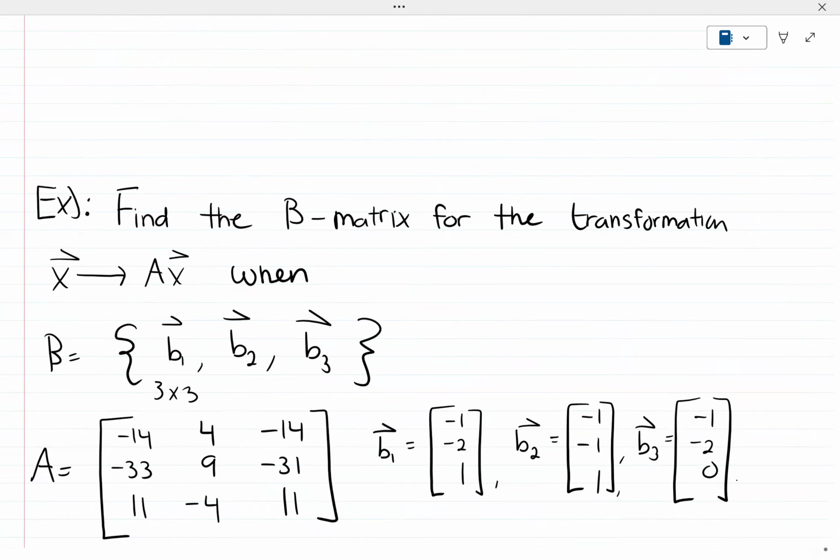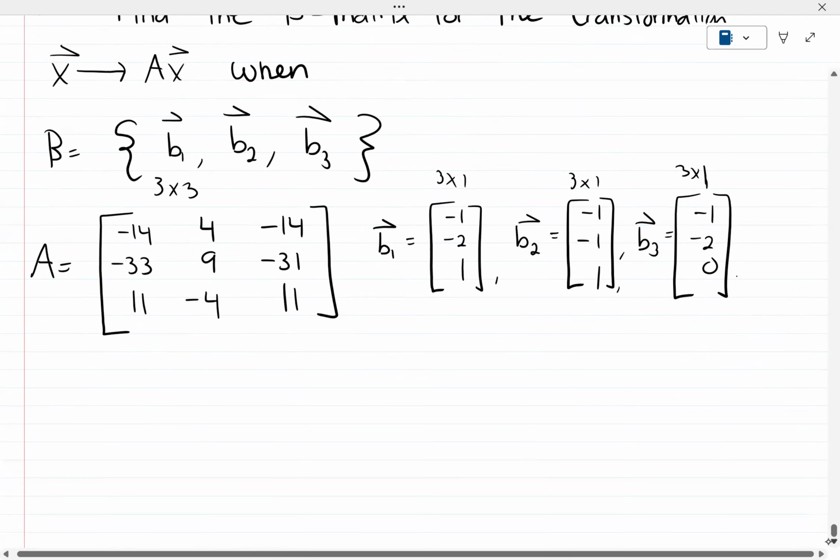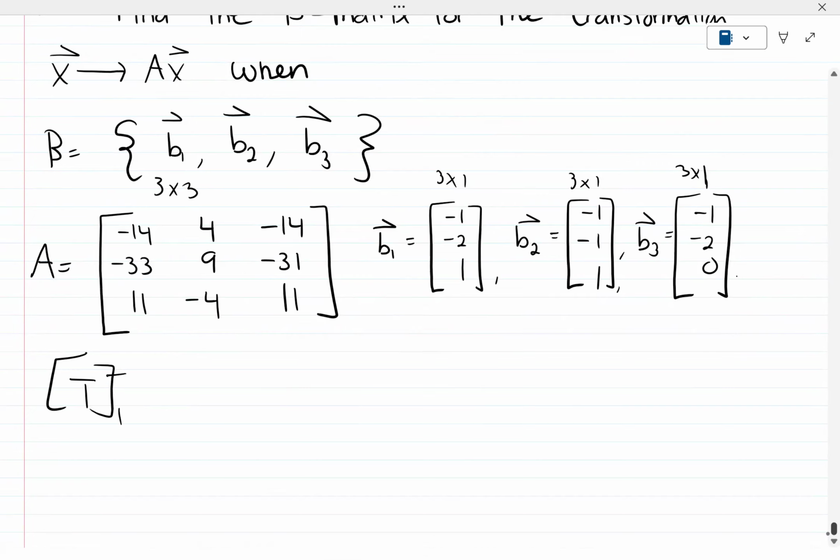And then we are given these three vectors, B1, B2, B3, which are 3 by 1, 3 by 1, 3 by 1, right? So what we've got to do is find the B matrix. How we find the B matrix is basically this: T transposed to B is P inverse times A times P.